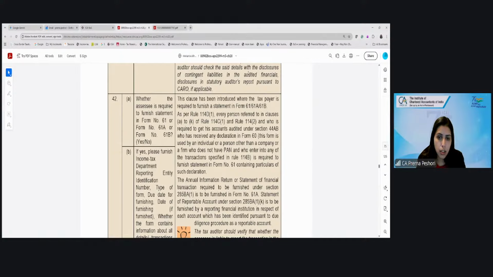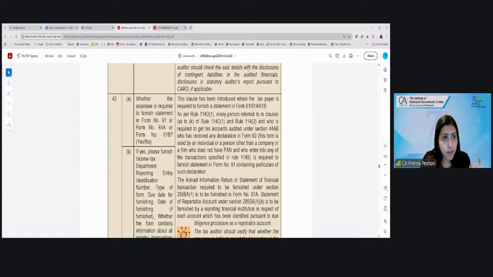So, if you know about it, quoting the PAN is mandatory. Right? You need to submit your PAN with any person with whom you have a transaction. Now, it is quite possible that the other person does not have a PAN. So it is a declaration form. Form 60 is a declaration form.